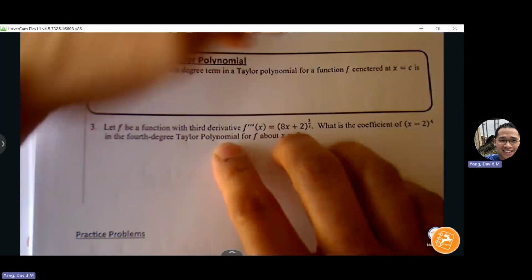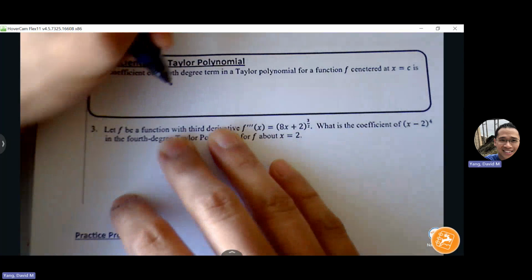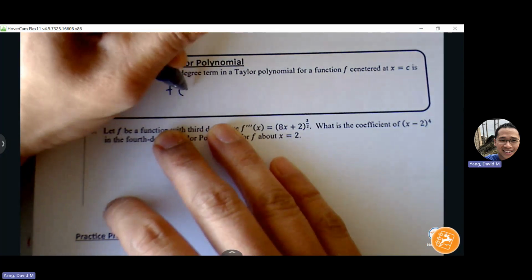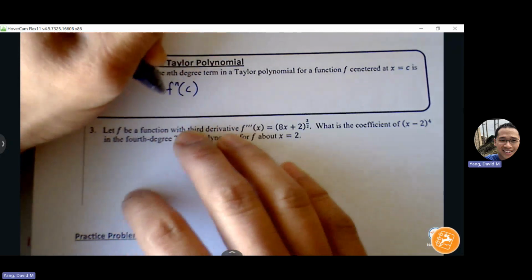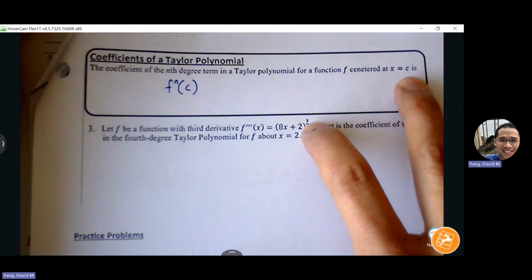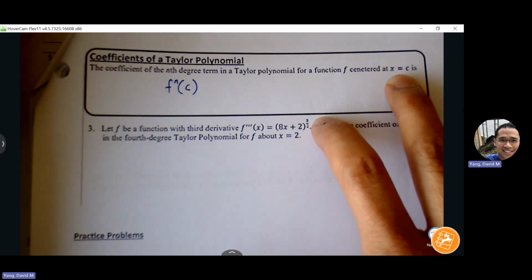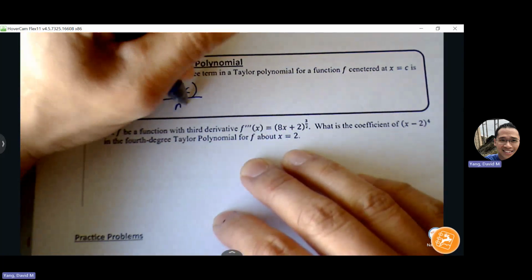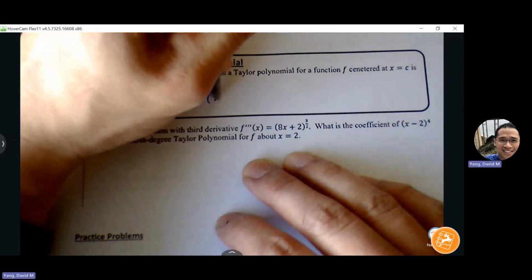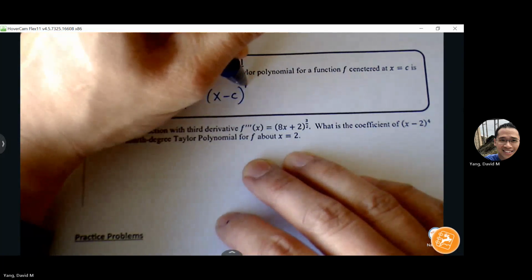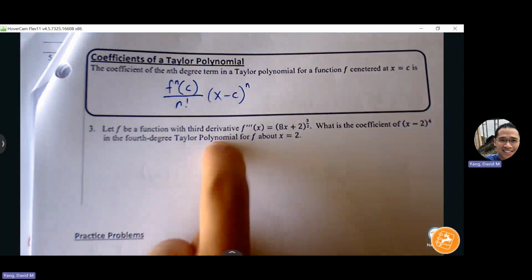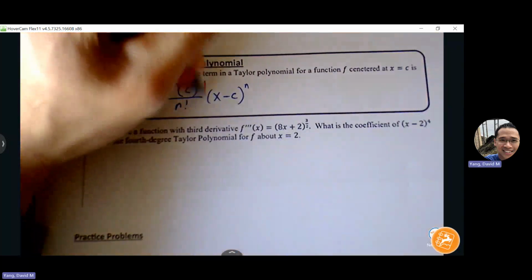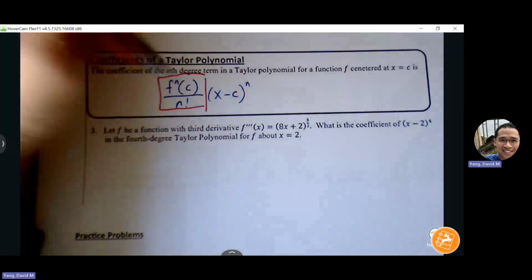So we talked about how the Taylor polynomial follows this form: the nth derivative evaluated at the center, and that center could be 0, but also could be whatever center you're given, over n factorial times x minus c. And the coefficient is just whatever is sitting in front of the variable. This whole thing is the coefficient.